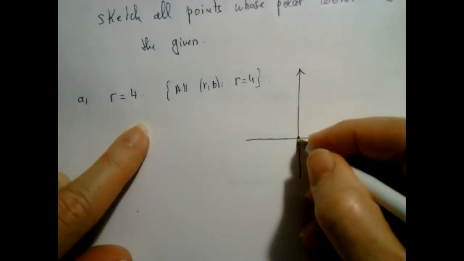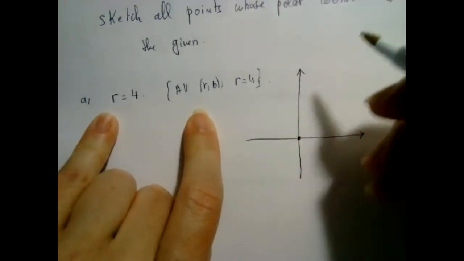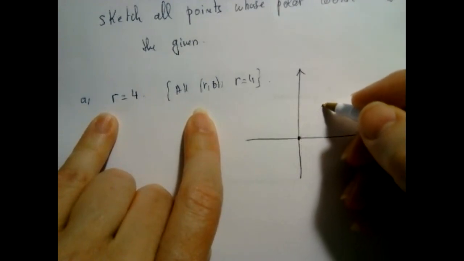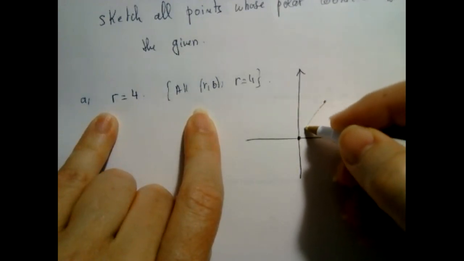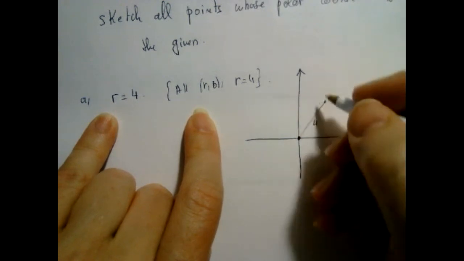Absolutely correct, because I'm looking at all the points that set r equal to 4. r is a positive number, it is how far we are from the origin. So I'm looking at all the points that are 4 units away from the origin.